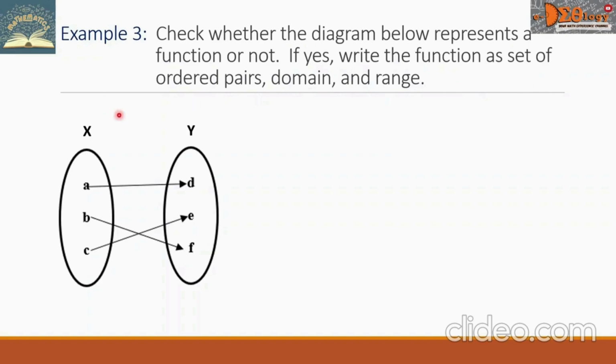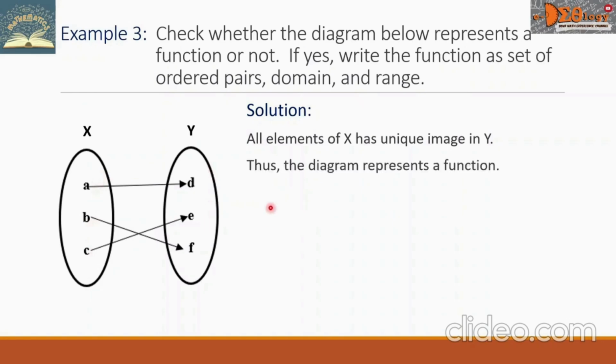We have the two sets, set X and set Y. These are the elements of X, these are the elements of Y. We can see that all elements of set X have a unique image in Y. Or we say that there is only one arrow from any element of set X going to any element of Y. Then we say that this diagram represents a function.